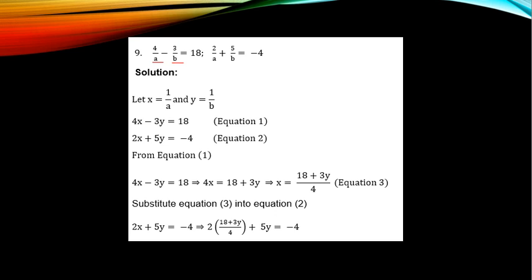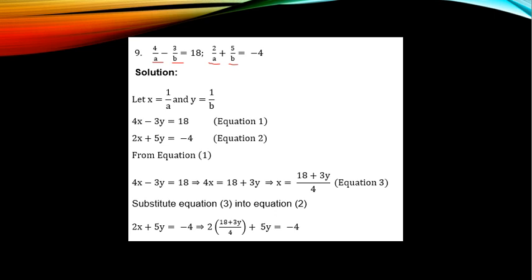In the second equation, you write 2 over a as 2 times 1 over a, and 5 over b as 5 times 1 over b. You need to treat 1 over a and 1 over b as the unknowns so that you can solve the equation. When you are done, you solve for a and b.